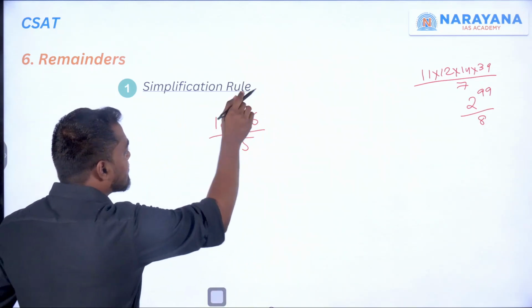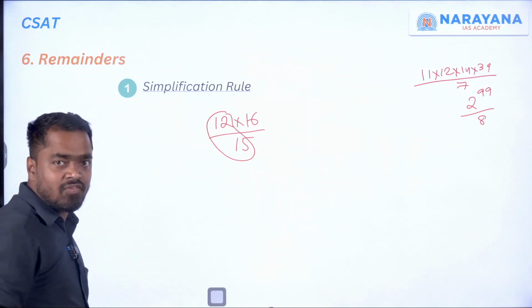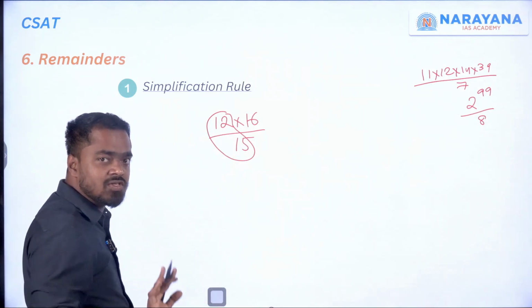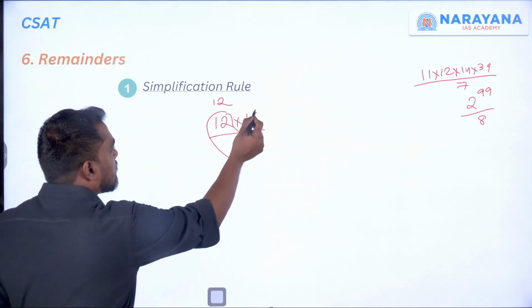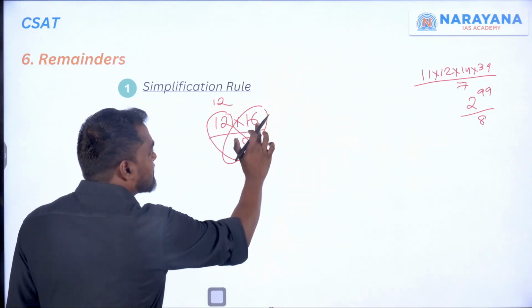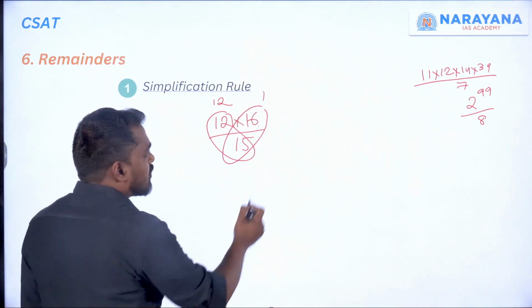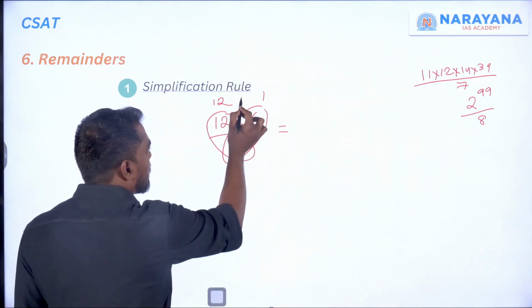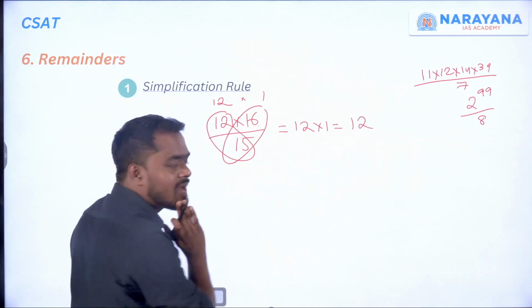Now, how to apply this simplification rule? Take 12 by 15. What is the remainder? 12 is less than 15, so 15 zeros are 0. So the remainder is 12. What is the remainder if you divide 16 with 15? 15 ones are 15, the remainder is 1. So multiply, 12 into 1 is 12, your remainder.